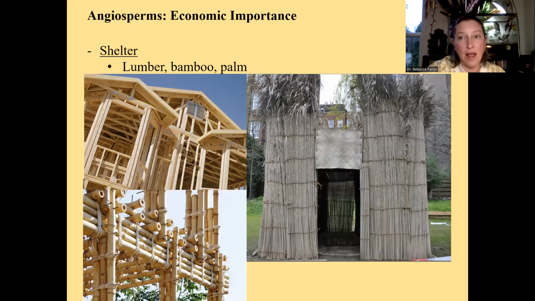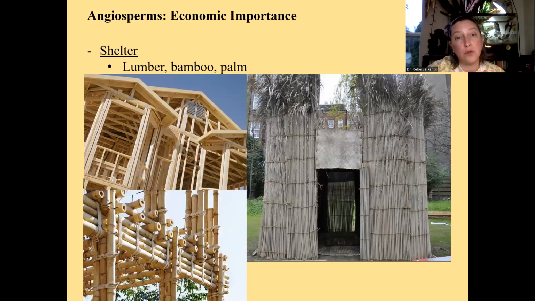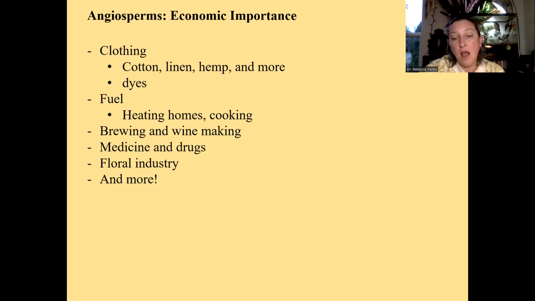So these are covering how we use angiosperms, meaning their economic importance. So food is one way. We also use angiosperms to build shelters using lumber, which comes from wood of angiosperm trees. And also we use bamboo, as I've told you before, as a grass, and palms to build houses.